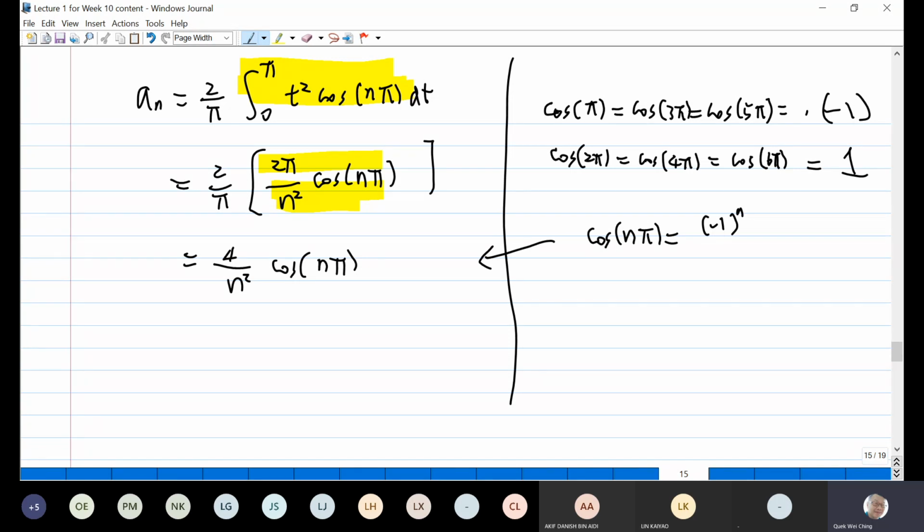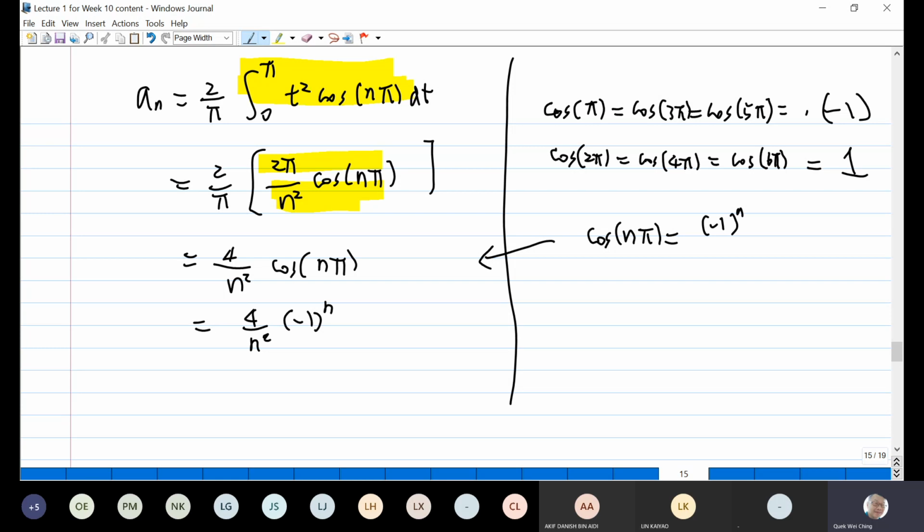N equal 2, what happens? N equal 3? You just change according to this. So an is actually 4 over n squared times -1 power n, since cosine n pi is -1 power n. This is how you get an first.